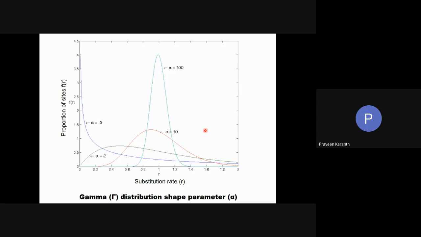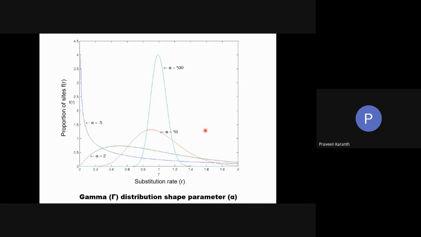Whereas if you have a situation where you are looking at a neutral marker, a marker that is not under selection, every site is free to change, and the rate of change at every site is the same. So there is no among site rate variation. Then an alpha value of more than 1 will capture it better.